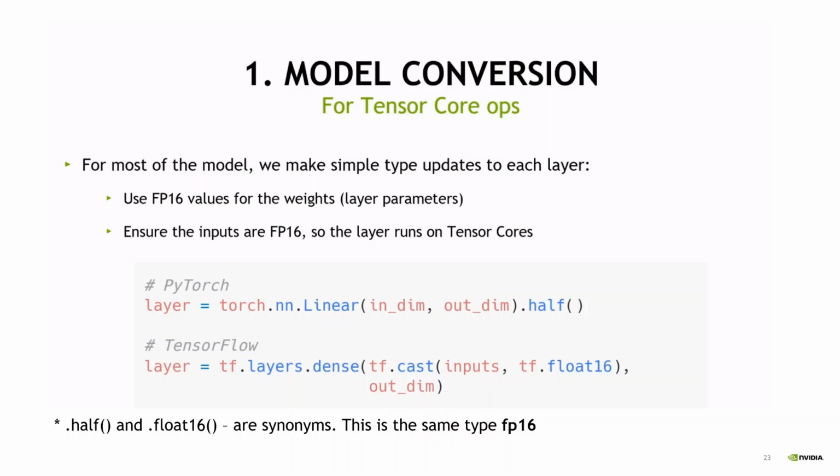The first step is model conversion. If you want to use TensorCores in deep learning frameworks, you have to do two steps. First, use FP16 values for the weights, the layer parameters of your neural network, and second, ensure that the inputs are FP16 too.